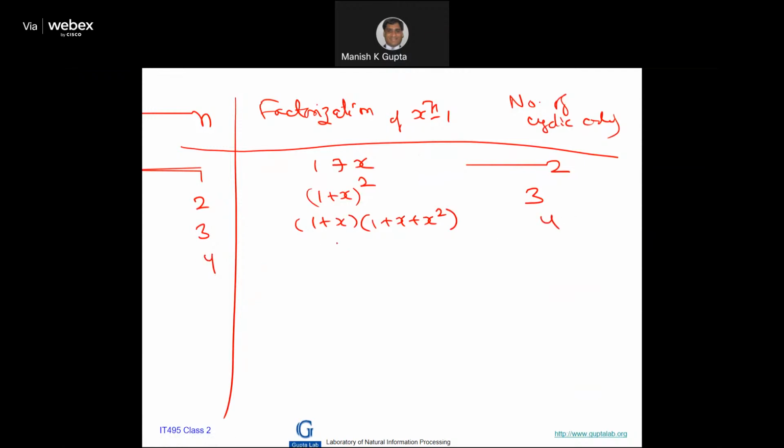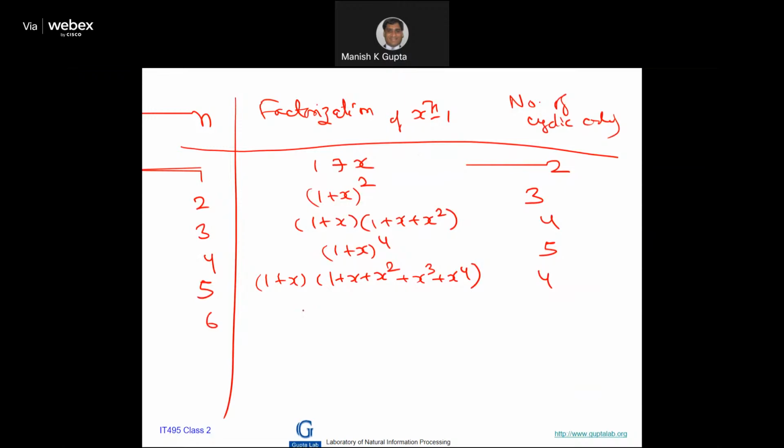N is equal to 4. This is 1 plus x raised to power 4. There are 5 codes. N is equal to 5. 1 plus x, and 1 plus x square plus x cube plus x raised to power 4. Clearly, this will give you the repetition code with 5 things, right? There are 4 codes.